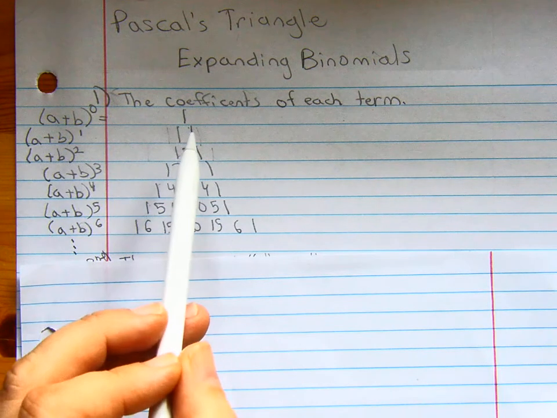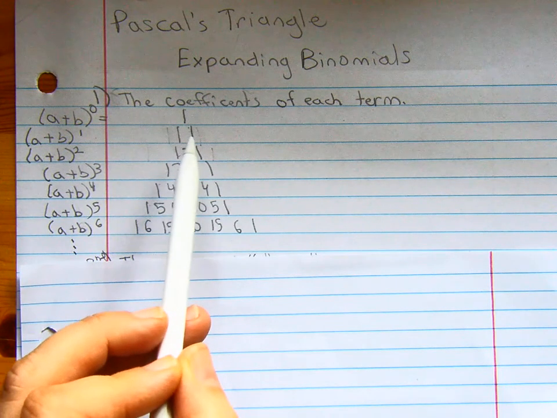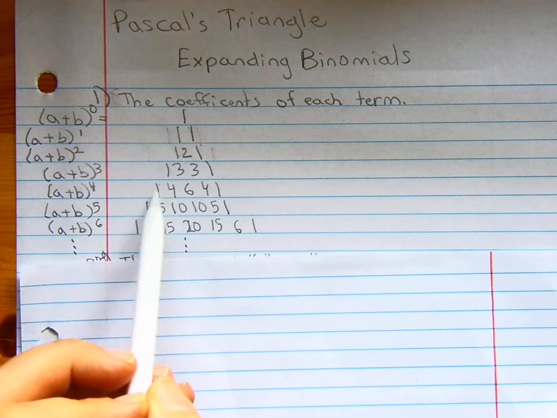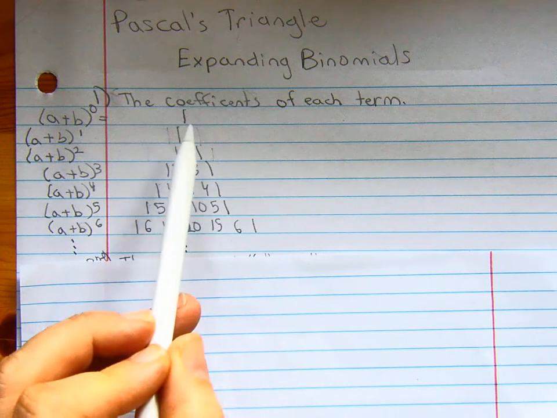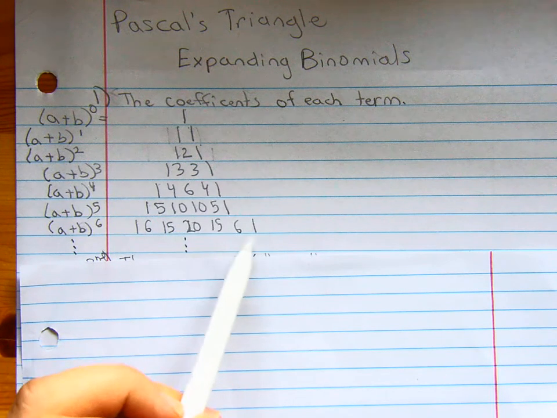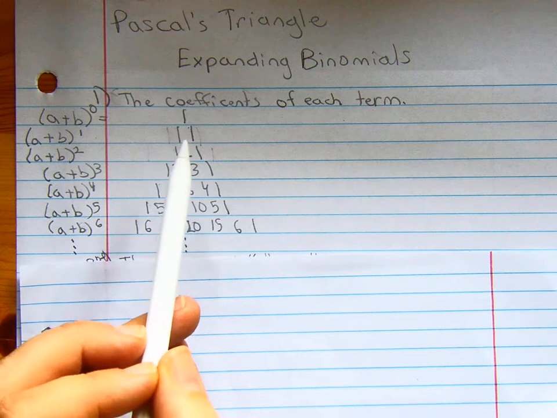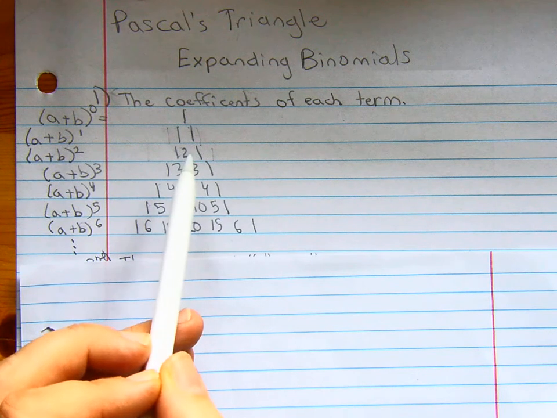And one thing that you'll note, hopefully with the pattern, is basically ones go all the way down the outer edge on both sides. Now I got a little spaced out, but it's there. And then from there, it's actually a sum.